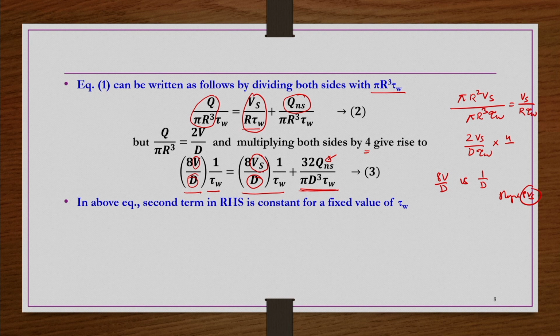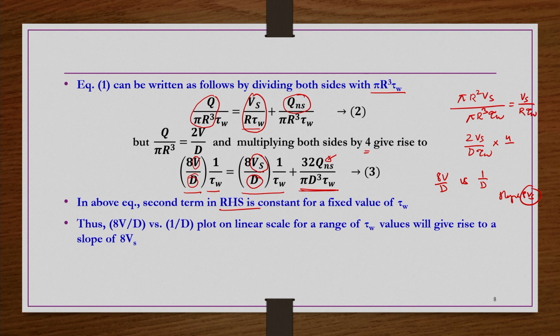So, the second term in the RHS is constant for a fixed value of tau w, and for a range of tau w values you get data of 8 V by D versus 1 by D from the experimental results, and then you plot 8 V by D versus 1 by D, and you will get a straight line with slope Vs, right.